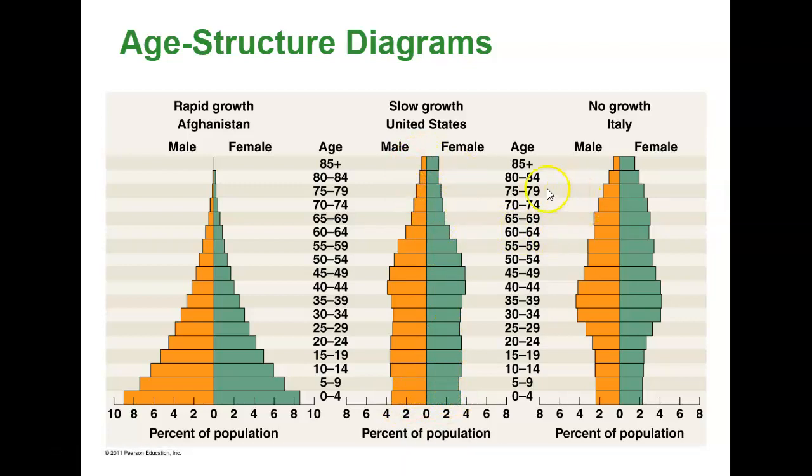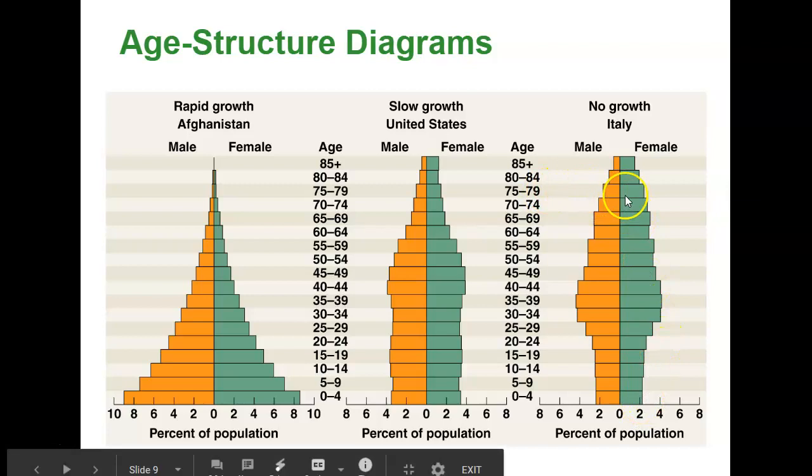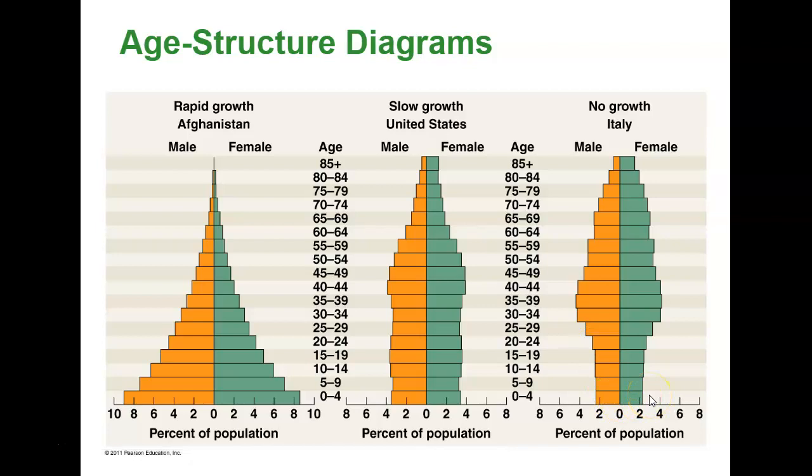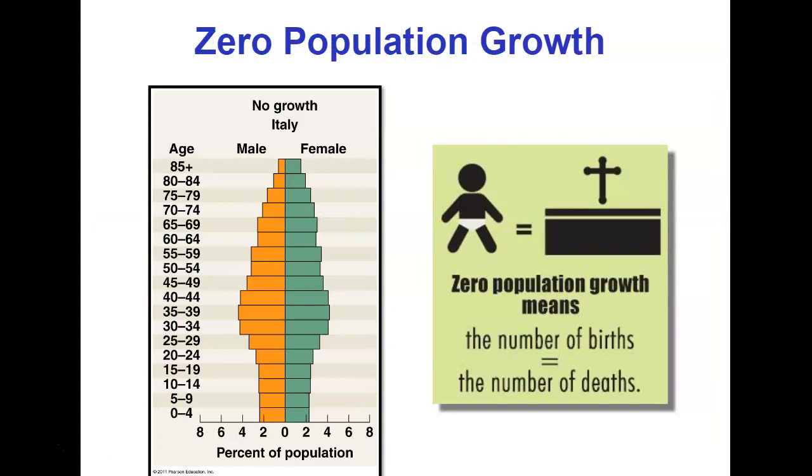And then Italy is an example of no growth. It's skinny at both ends, and it actually went down over time. So that would be an example of what no growth looks like. And just to highlight that feature, in order to get zero population growth, the number of births and the number of deaths has to be roughly equivalent.